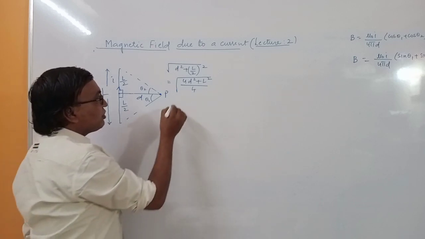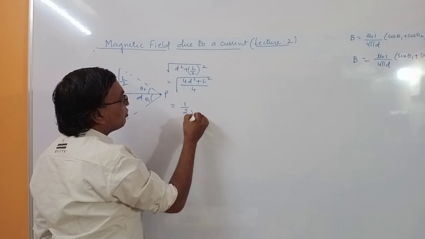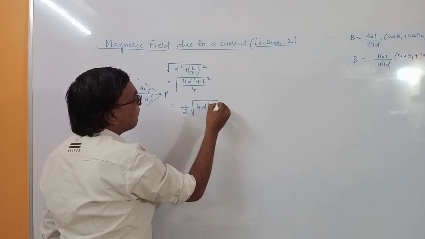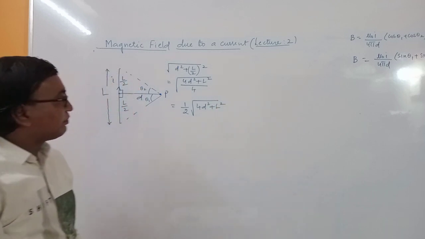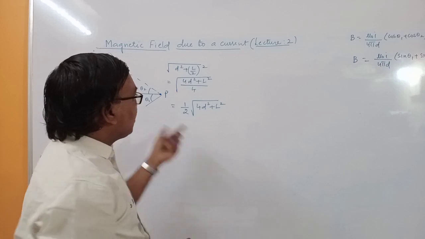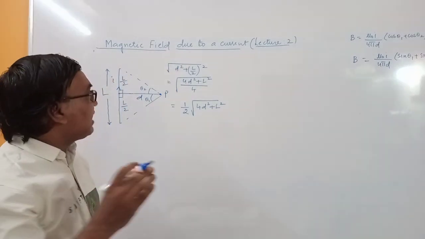So the hypotenuse finally is 1/2 root of 4d square plus L square. Then from there you just have to put these values in the formula. So we will find sin theta 1 and sin theta 2.